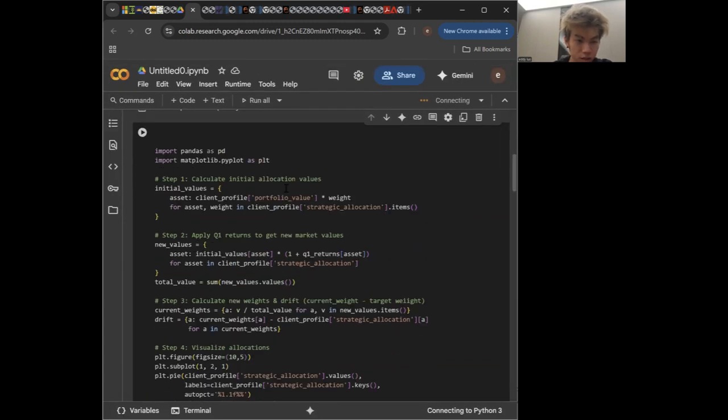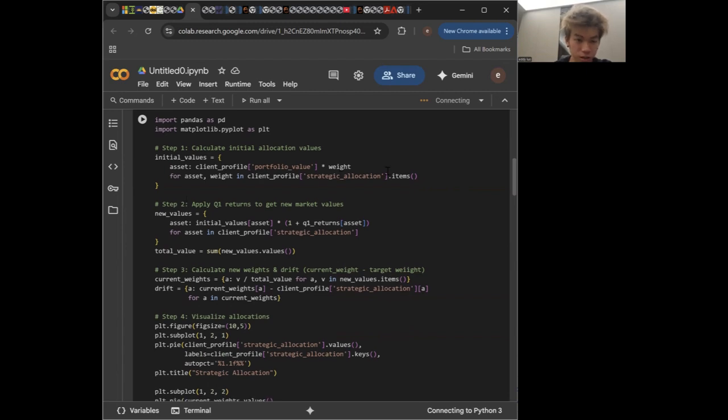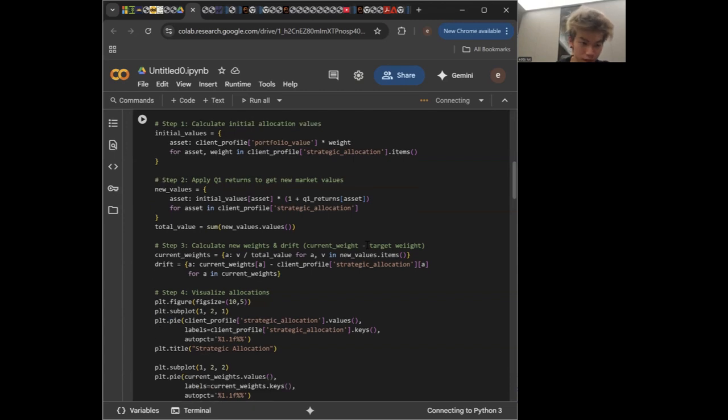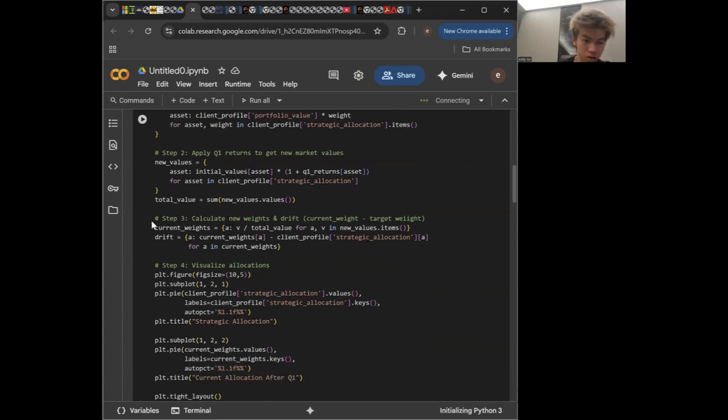For each asset, it multiplies its weight by one plus the percentage of the return. The system calculates the new weight after the gain or loss in quarter one and compares it to the drift, with this part of the code.